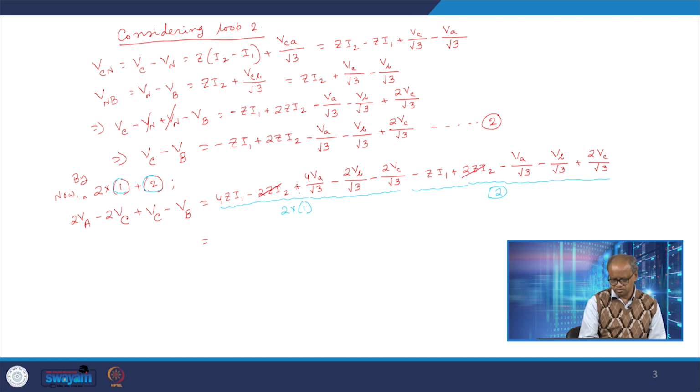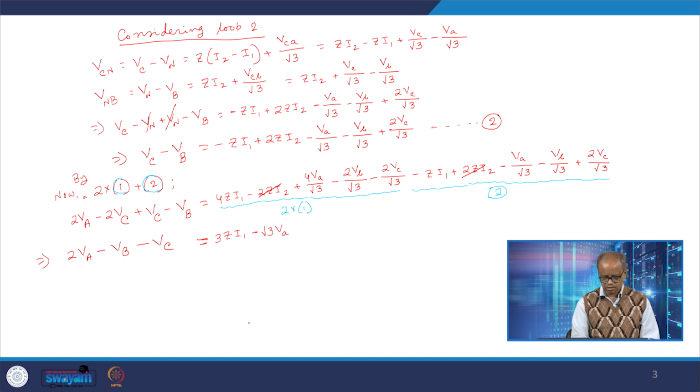Now this cancels out. So 3zi1 at the left hand side, and 2V capital A minus V capital B minus V capital C would be equal to 3zi1 and 4Va minus Va, so 3Va by root 3, so root 3Va, and then minus root 3Vb, and then this and this they cancel out, right?